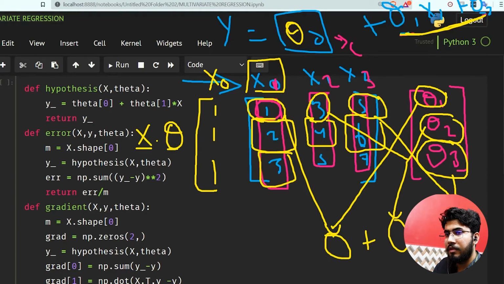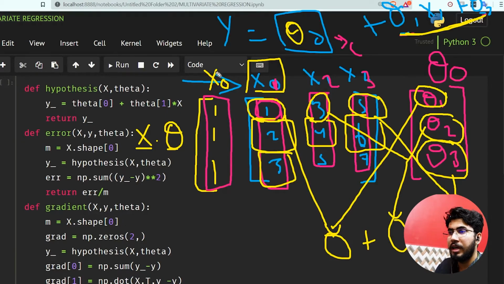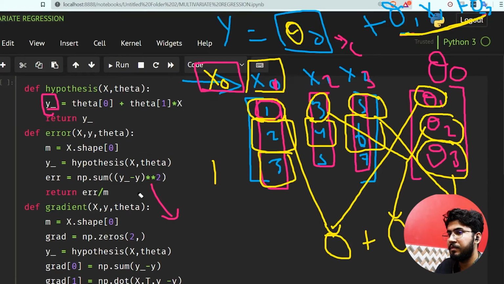We will also have a line like this here, theta 0, because this is theta 0. Now if you multiply theta 0 with 1, the output is always going to be theta 0, so it doesn't matter. So we are going to add a dummy value to this x0, then multiply them together like this, and our output will be y. This is a little bit complicated, but you need to know matrix multiplication to understand this better.